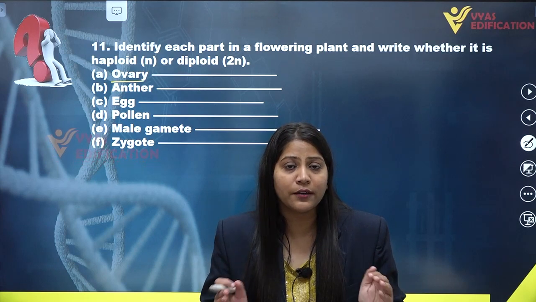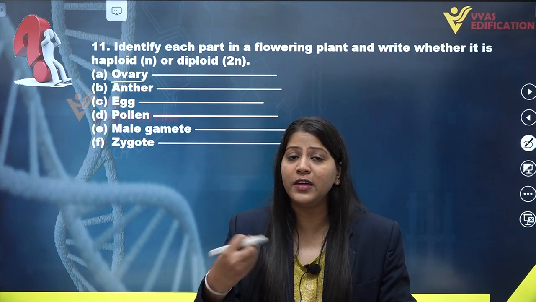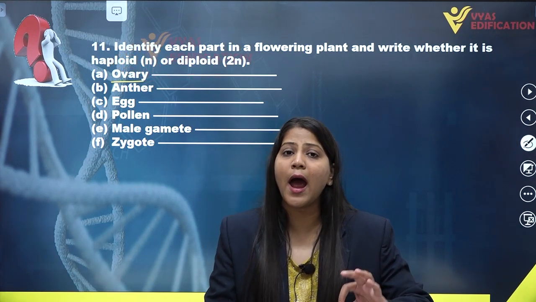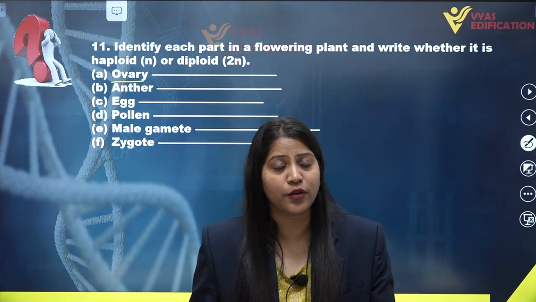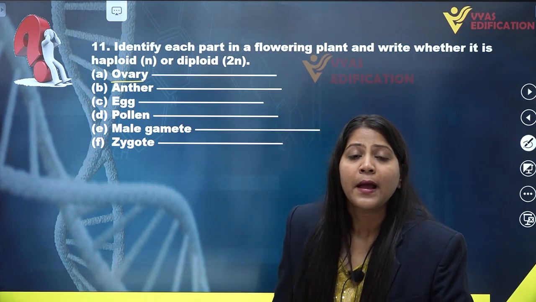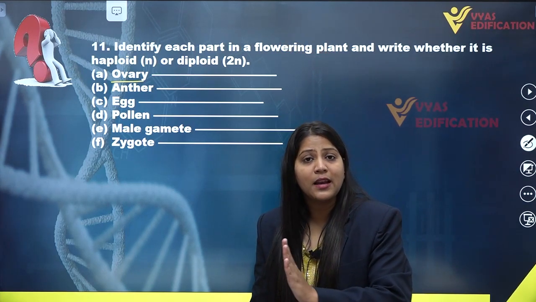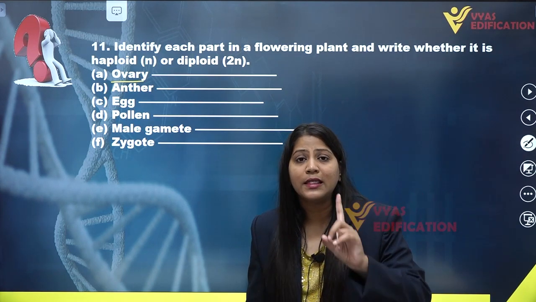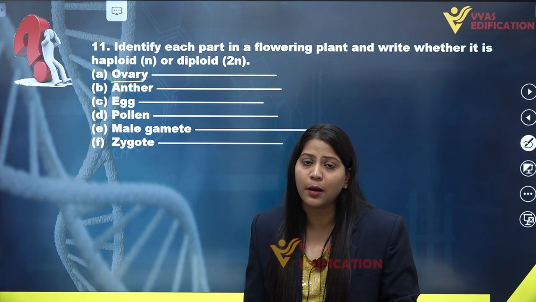The flower is a reproductive structure on which the female and male reproductive structures are retained. The female reproductive organ in a flower is the pistil or carpel.